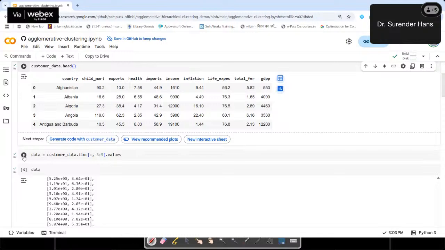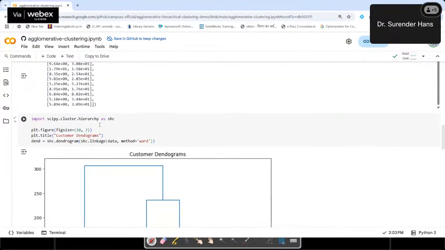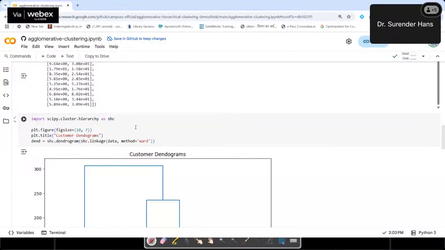Now here I took only two columns and their values. From scipy dot cluster, the keyword here is SHC, which is hierarchical clustering. Here I use the function SHC dot linkage.